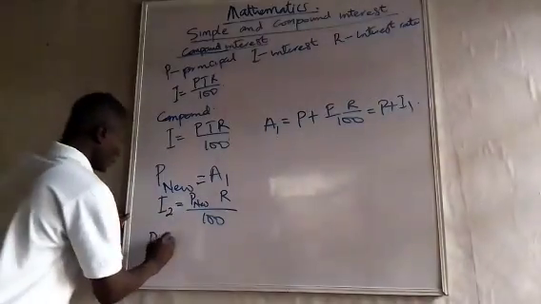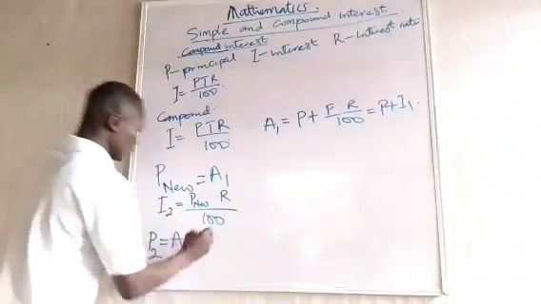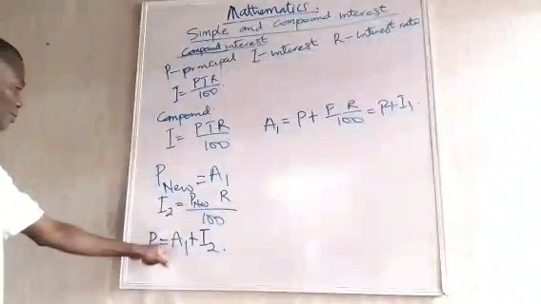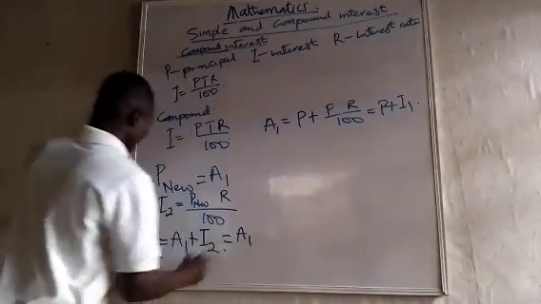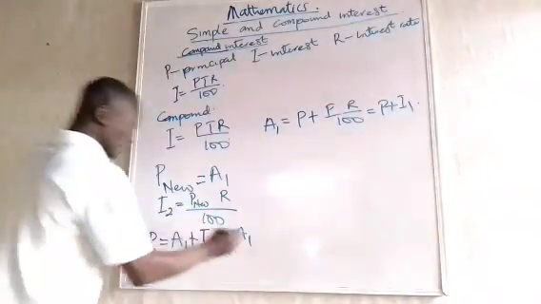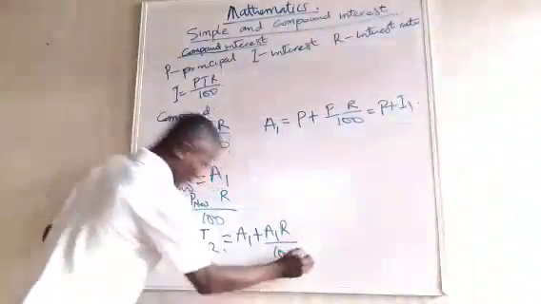It's going to be A1 plus this one now, I2. You can see, I know what I2 is. It's equal to this A1, because I don't want to use P new again. Because P new is equal to A1, plus A1 R over 100.